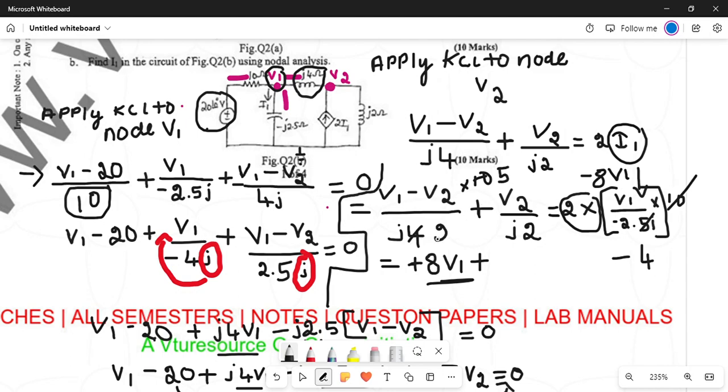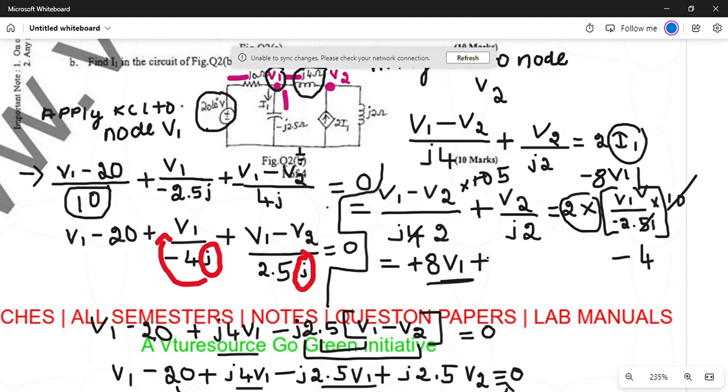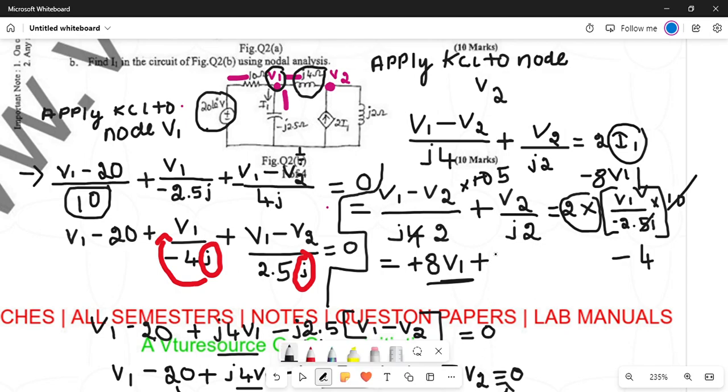So 2.5 comes, then what happens to us? So it is plus 2.5 into V1 minus V2. Fine, yes. So it is plus 2.5 into, so yes, I'll get of this.